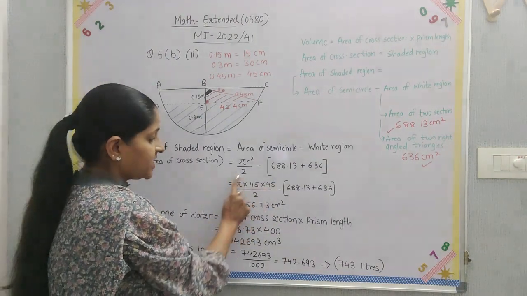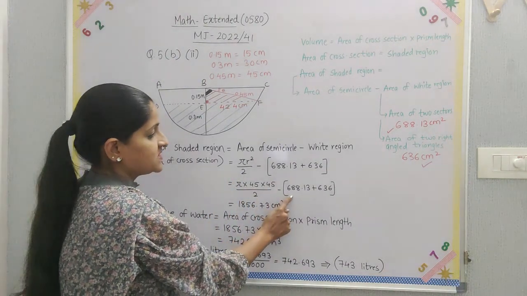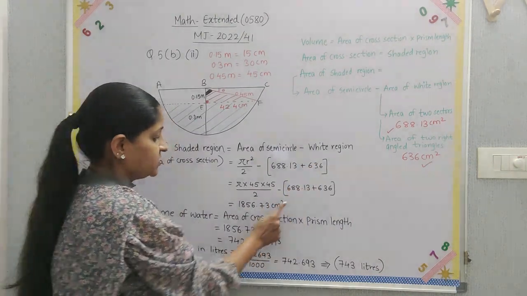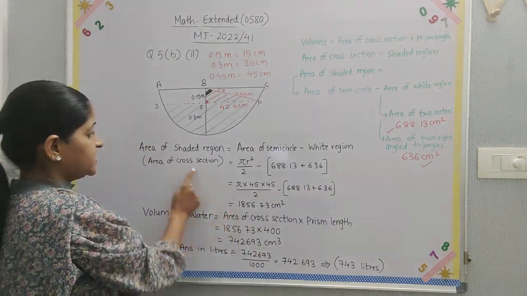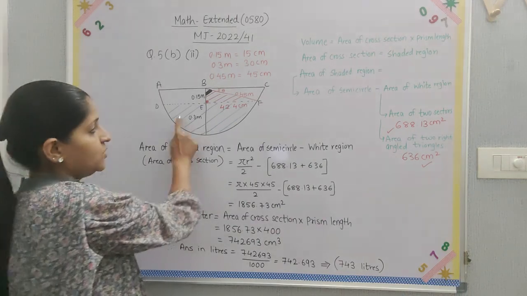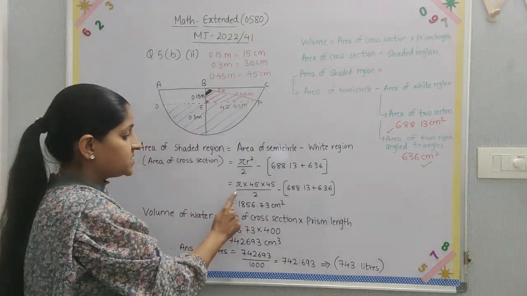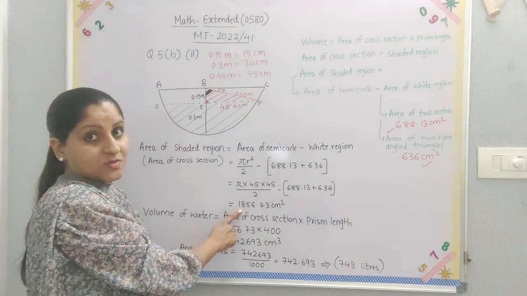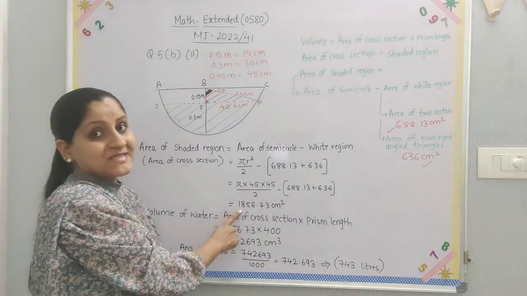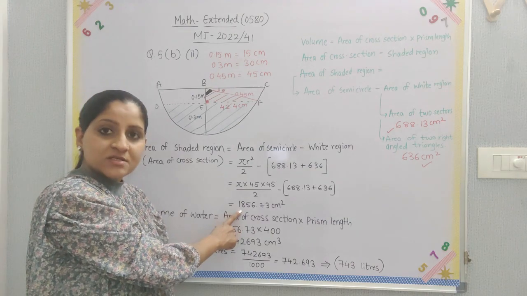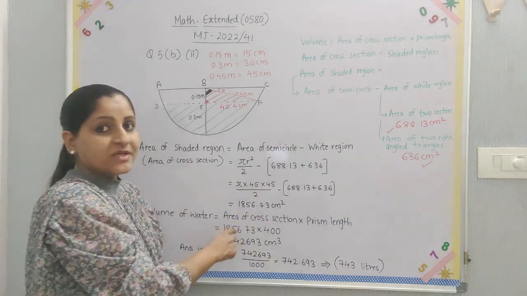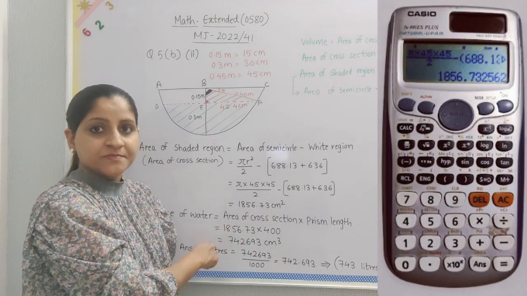And when from area of entire semicircle, I subtract the area of white region, what I obtain over here is area of cross section or the shaded region, which is marked in green color. So that is 1856.73 centimeter square. The calculator working is now on my screen.